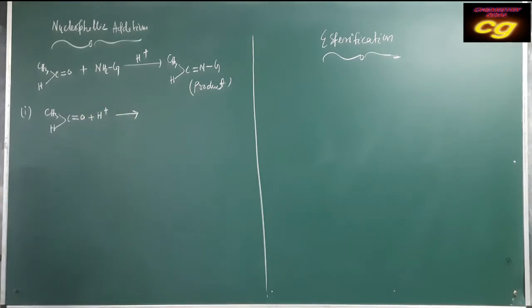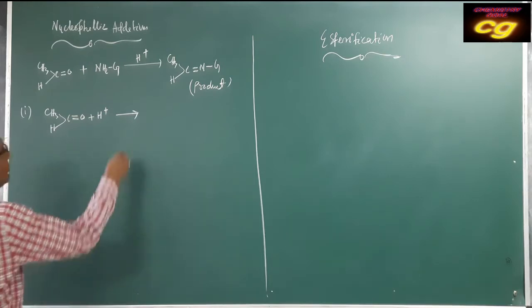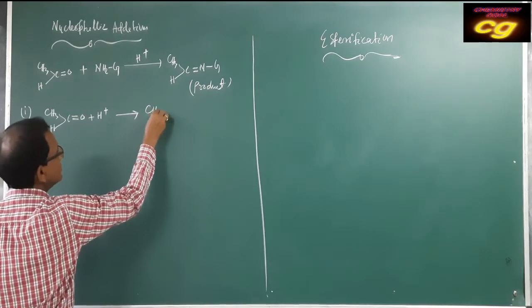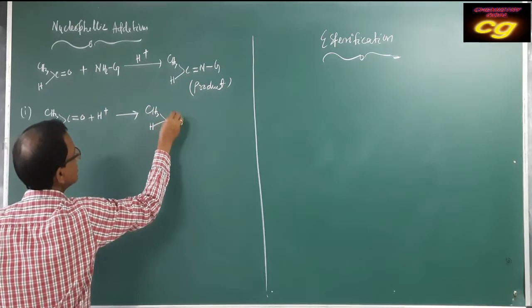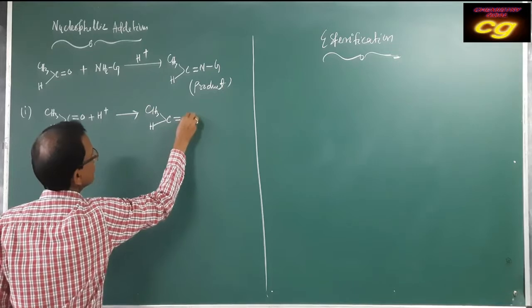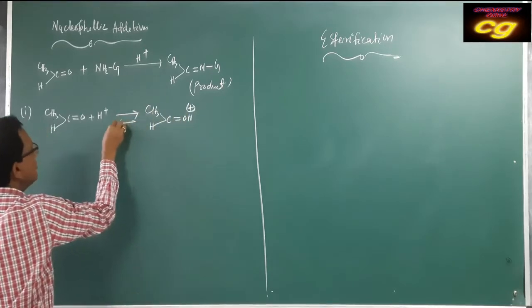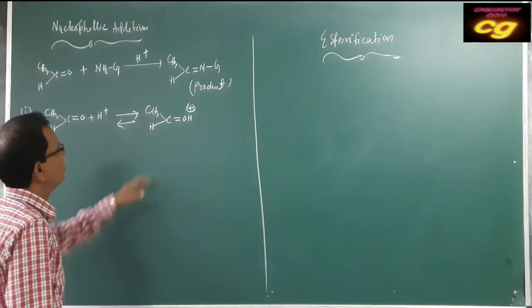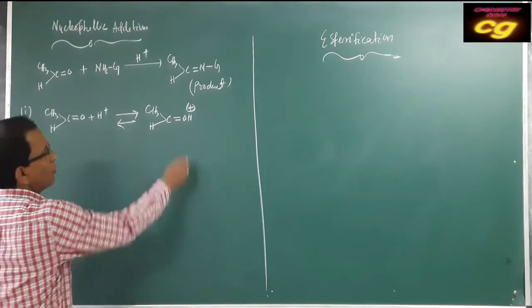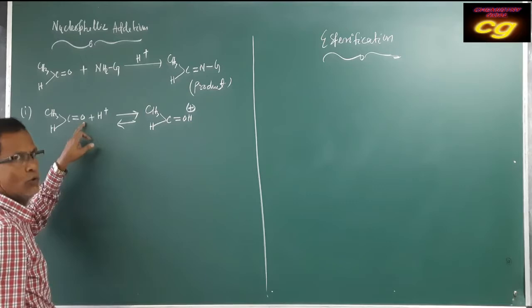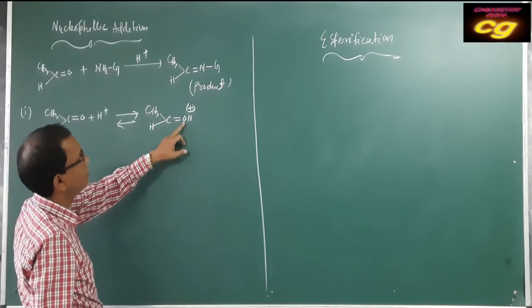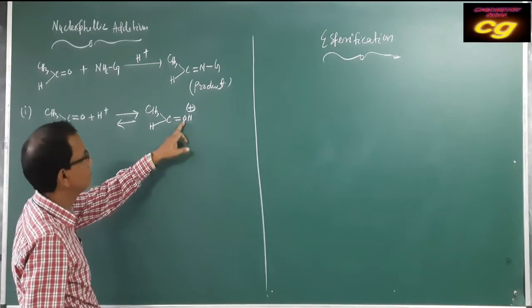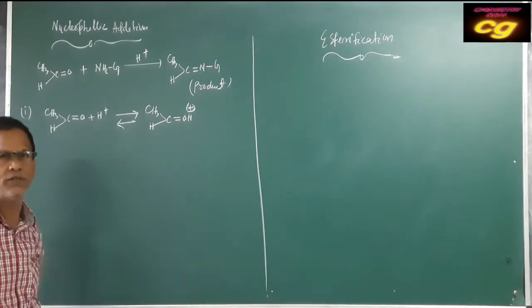It will be protonated, producing CH3HC double bond OH plus. Due to this protonation of the keto group, the oxygen becomes positively charged. This OH group becomes positively charged.